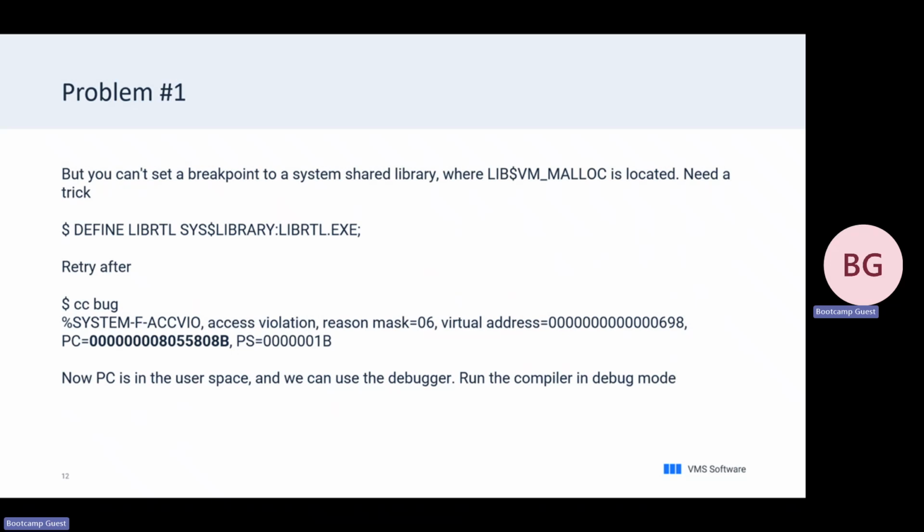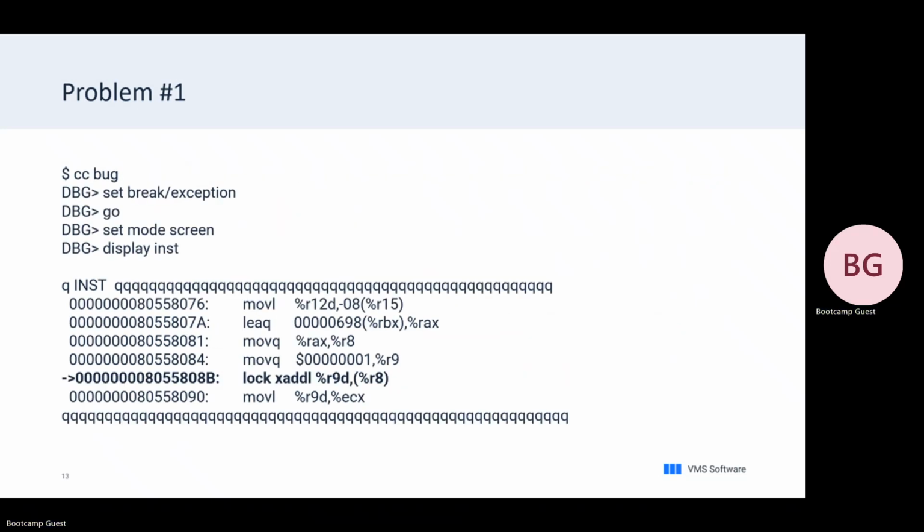So here we can set the breakpoint. We can look inside. And we can run the compiler in debug mode. I put here all the qualifiers that need to be written to run the compiler in debug mode. So we set a breakpoint on exception, run the compiler, go to screen mode, and we see the disassembly in the problem place, as we saw before.